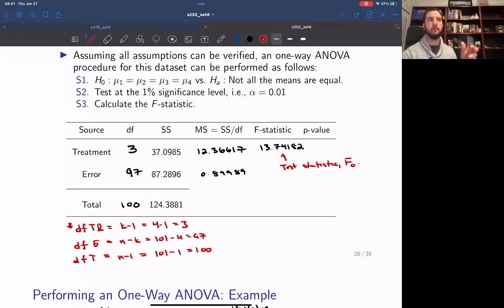So basically, once we complete the examples on how to run the ANOVA and we go over the interpretation of the result from the ANOVA, the natural question is going to be, how do we actually determine which means are different? And how do we actually use residual analysis to check the assumptions of the procedure? And that's what lecture set number 5 is about. So it's a very similar topic. It's kind of an extension, if you will, of the one-way ANOVA result.